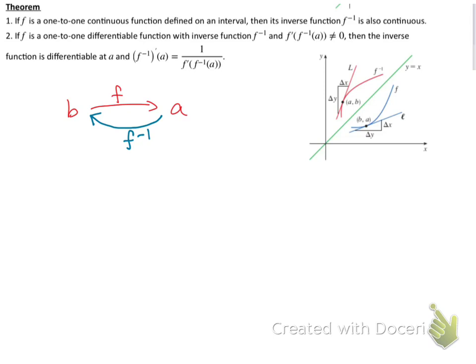This f prime is f prime of b. So f prime of b and f inverse prime of a, the derivative of f at b and the inverse derivative at a, they are reciprocal.